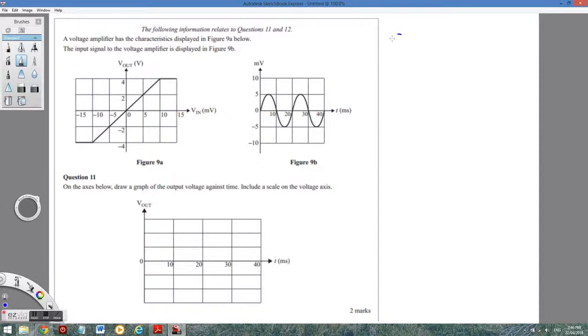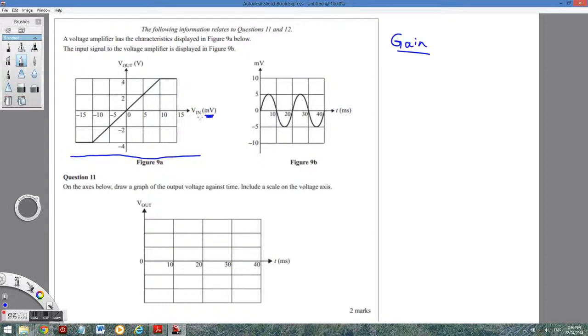Step 1, let's have a look at the gain. The gain will be the gradient of this graph. If I read it, remember, be careful with the unit.